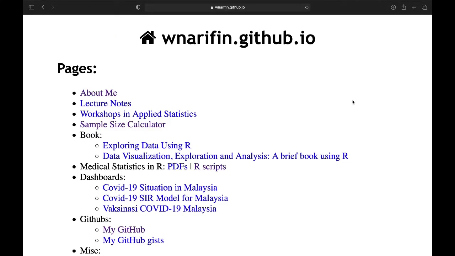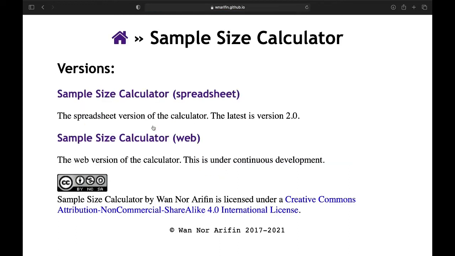Provided it will open this page. Now we have to use sample size calculator. I will click on sample size calculator. There are two options. One is you can download a spreadsheet and do calculations in that, or you can use sample size calculator for web.